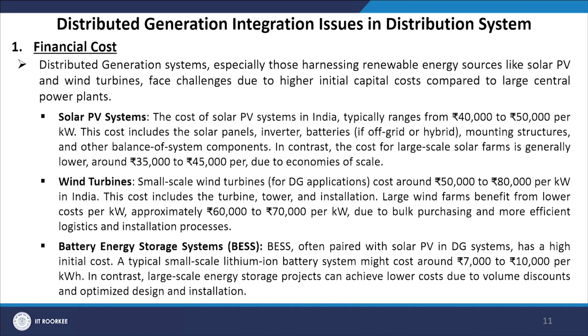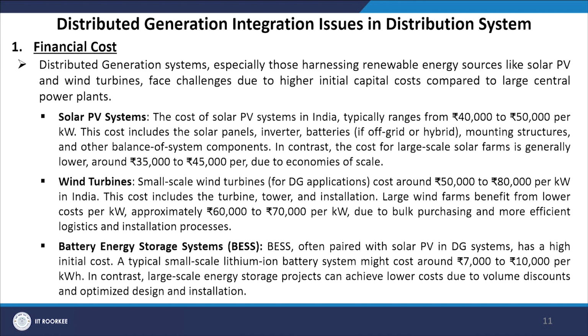Similarly, in the case of wind turbines, small scale wind turbines for DG application cost around 50,000 to 80,000 per kilowatt in India. This cost includes the turbine, tower, installation, everything. However, if you go for a large wind farm, then the cost may reduce to 60 to 70,000 rupees due to bulk purchases and more efficient logistics and installation processes.